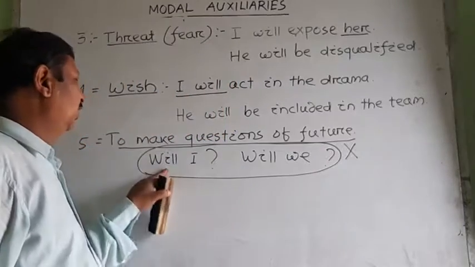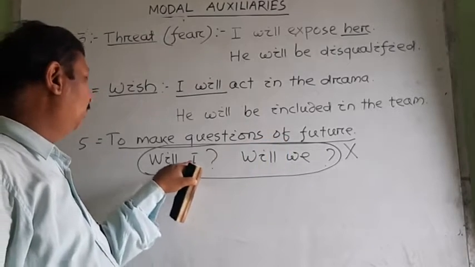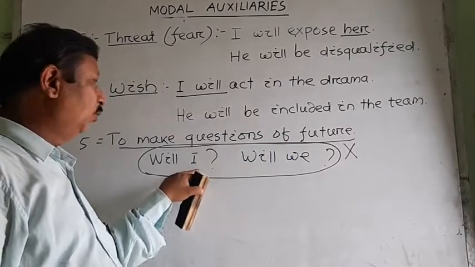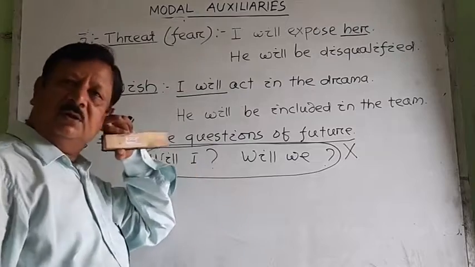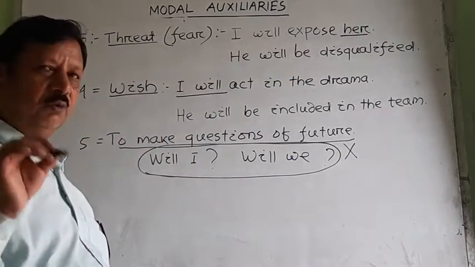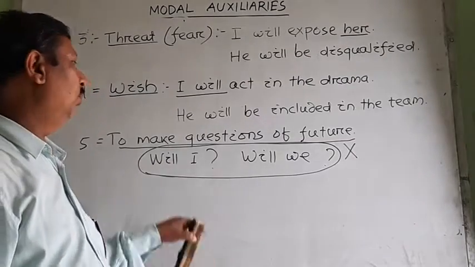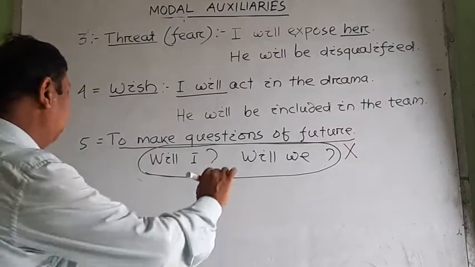Normally, will is not used in question forms, basically with first persons, but will is used with the second persons. When we want to frame questions using will, at that time we should use them, preferably with the second persons. How is it?